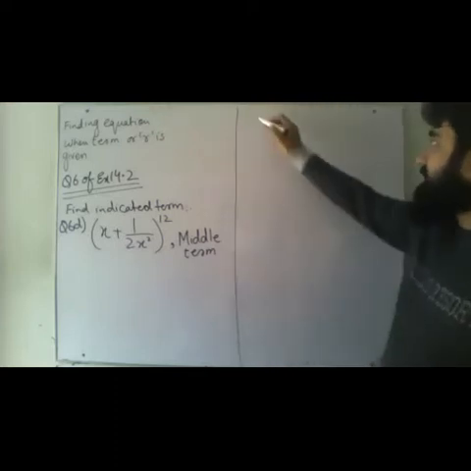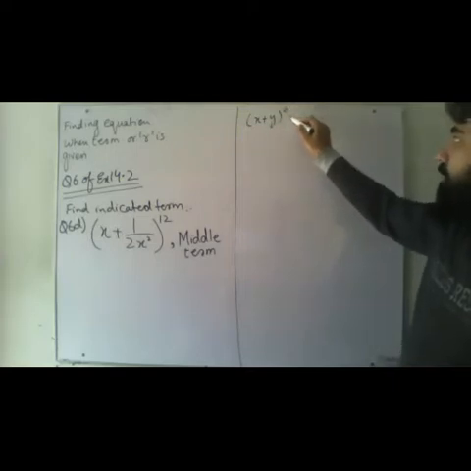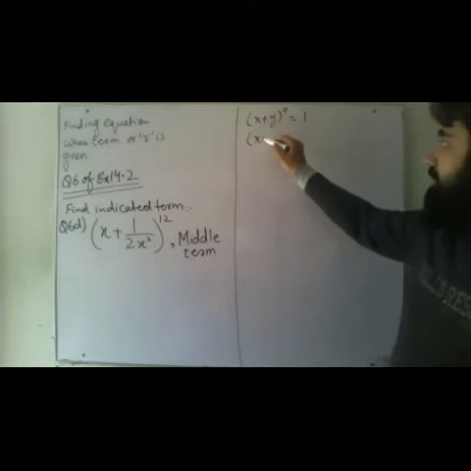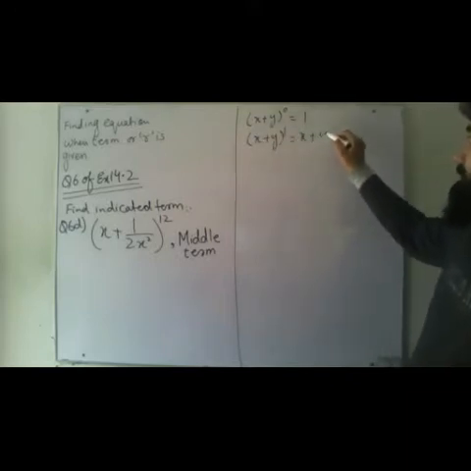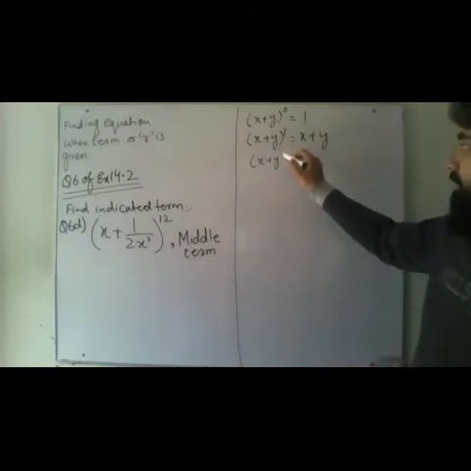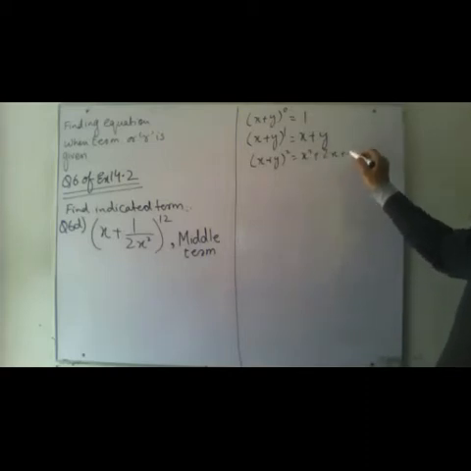See, beta, for instance, if I have x plus y whole power 0, the result will be 1. If I have x plus y whole power 1, the result will be x plus y. If I have x plus y whole power 2, the result will be x square plus 2xy plus y square.